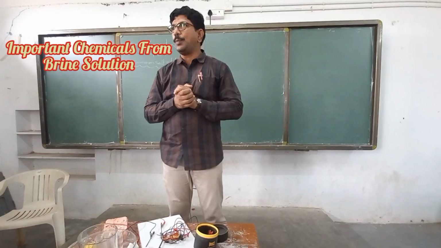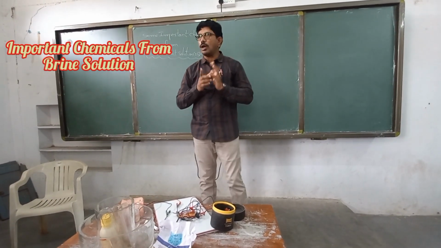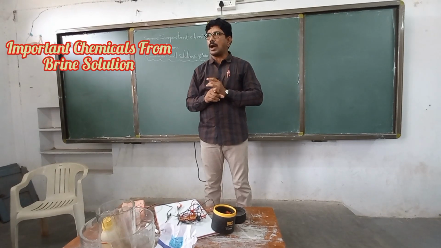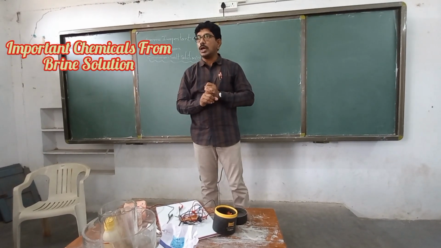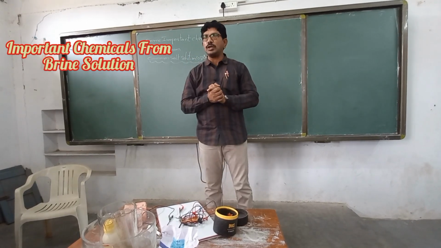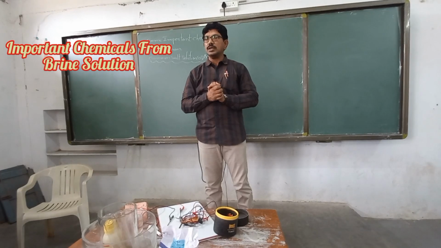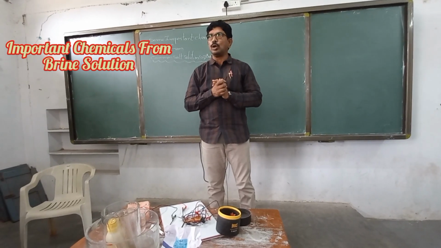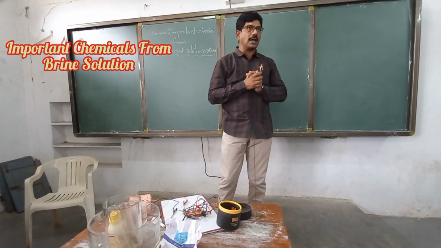So what are the important products that are obtained from brine solution? Electrolysis of brine solution, a concentrated salt solution, gives many compounds which are useful in our daily life. This process is known as the chloro-alkali process.